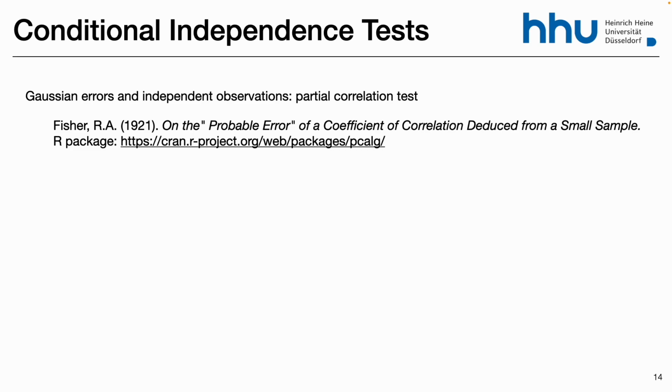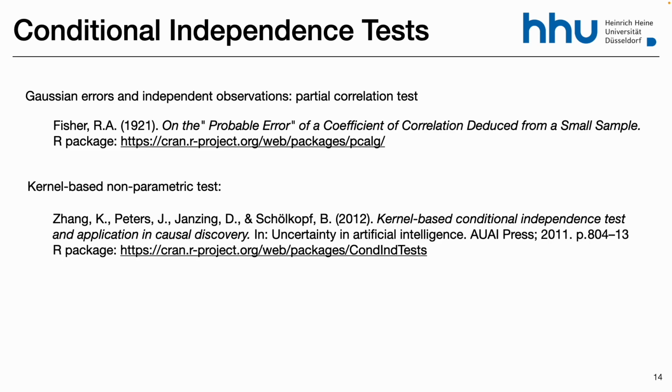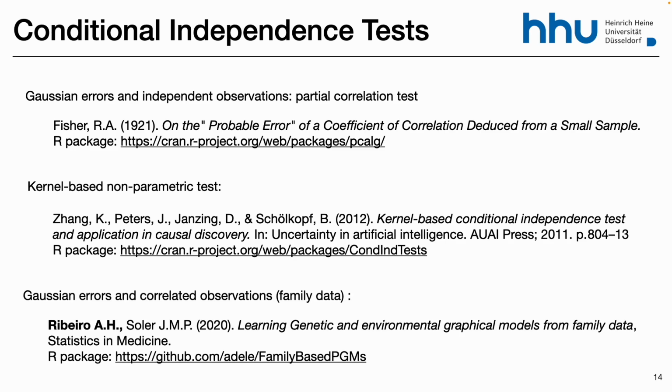For example, for Gaussian errors and independent observations, you have the partial correlation test. If you don't want to assume Gaussianity, you have this kernel-based non-parametric test. Of course, the power of a test when you have assumptions is higher than when you don't have assumptions. So if you're relaxing the parametric assumptions, of course you have lower statistical power, but you have this in case you have a lot of data.